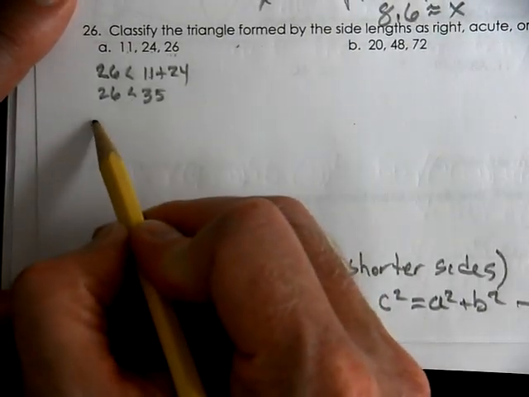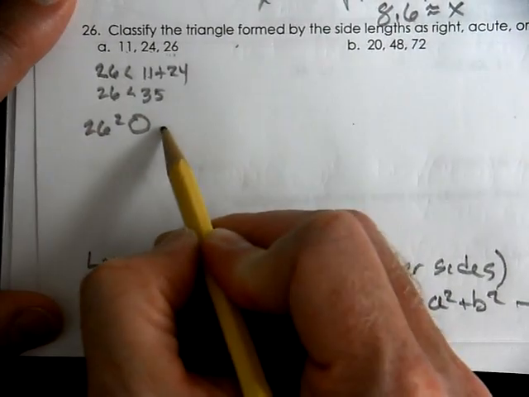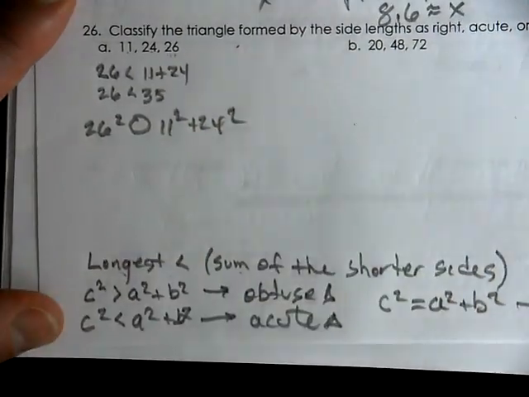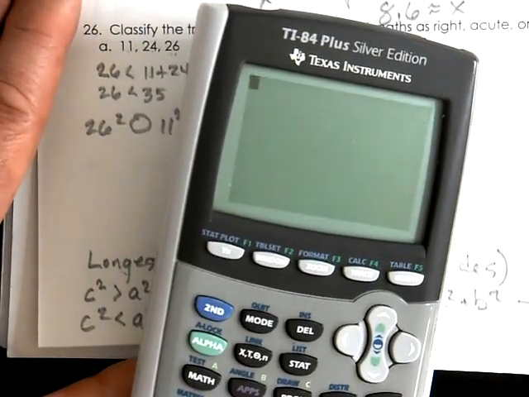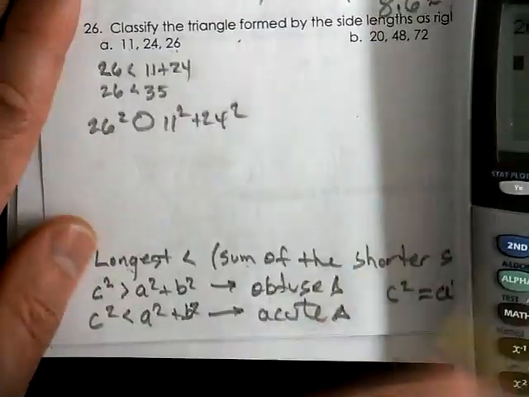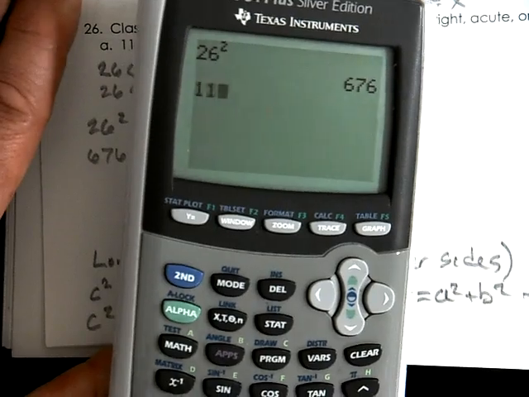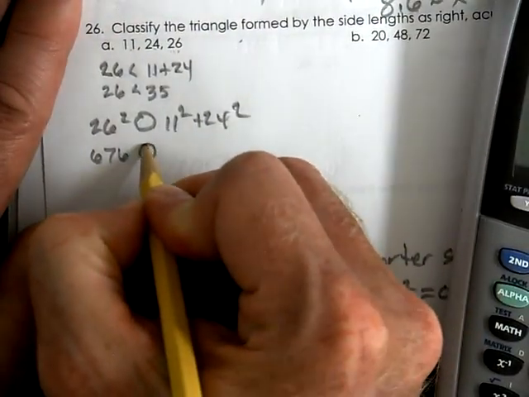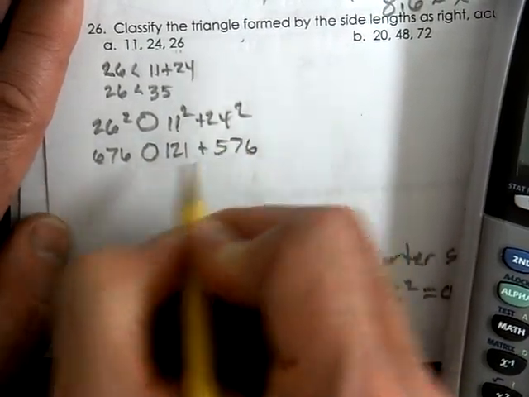So we're going to come over here and say 26 squared, compare that with 11 squared and 24 squared. So we can use some help with our calculator. You should bring a calculator to the quiz. So we get 676, and 11 squared, we're comparing that to 121 and 576.